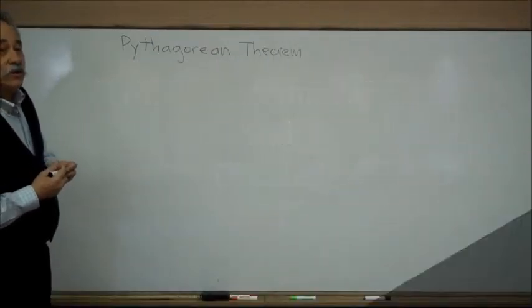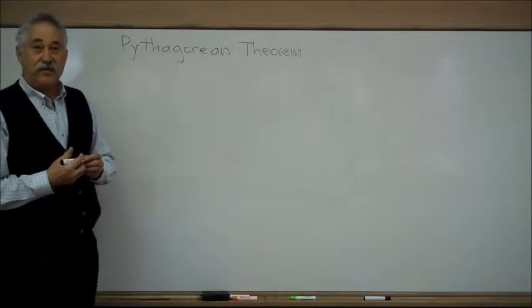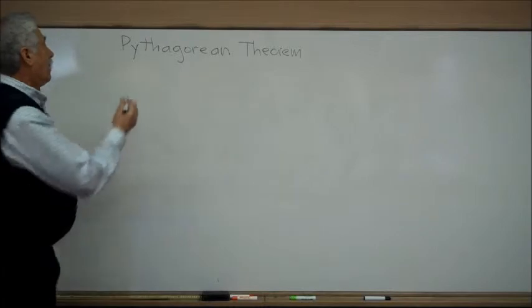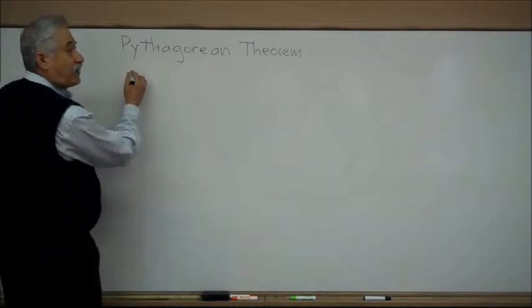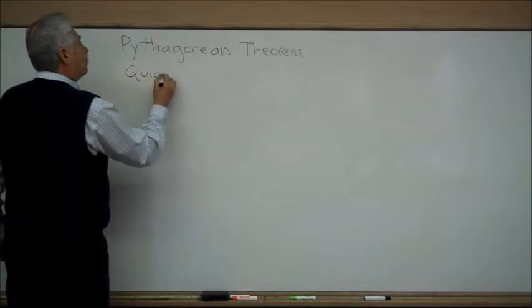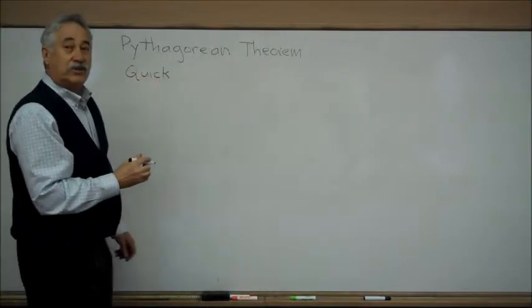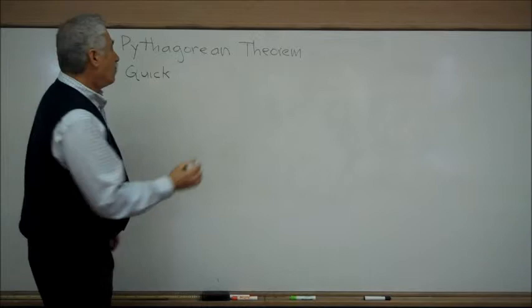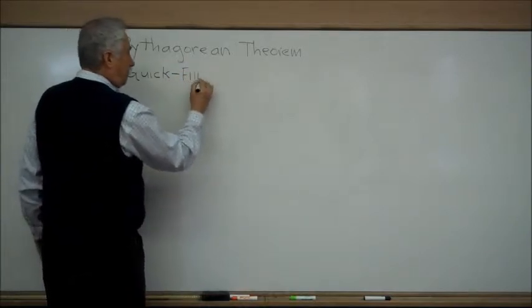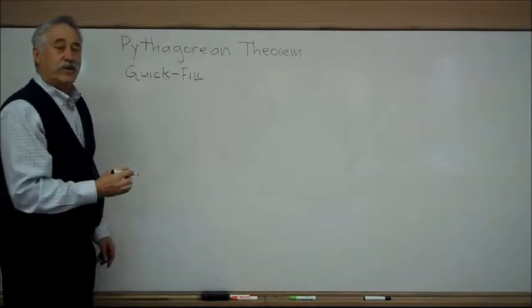Now there are two other forms of the Pythagorean theorem that you should know. They're not identified in books, but if you want to be successful in geometry or any higher class, particularly in trigonometry, you're going to want to know the two quick fill forms of the Pythagorean theorem.